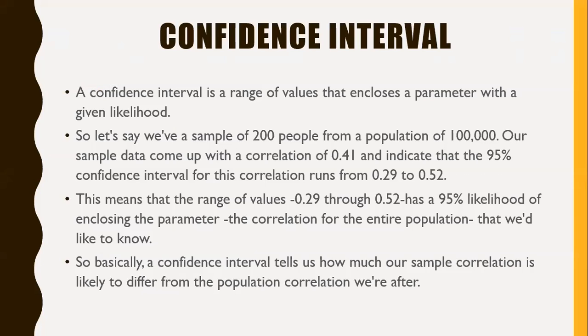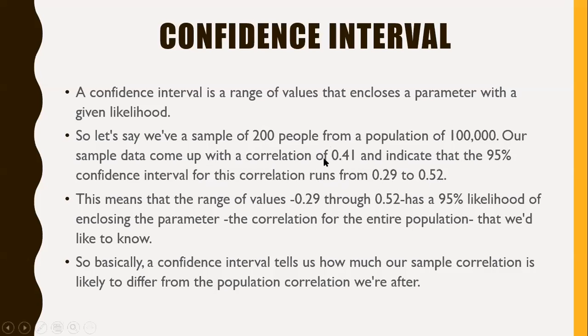Our sample data come up with a correlation of 0.41. In this example, the researcher has obtained one value, a correlation of 0.41. So he wants to indicate that the 95% confidence interval for this correlation runs from 0.29 to 0.52.